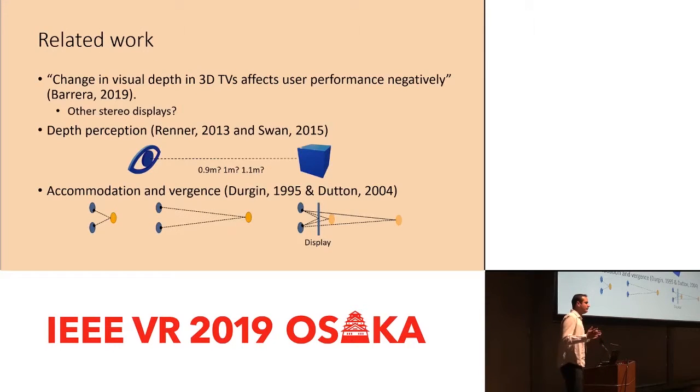So I told about the motivation. In our previous work, we found that the change in the visual depth affects user performance negatively. The other thing is that we've been talking about this in the last 2 days. I'm not going to go into details, but when it comes to VR and AR headsets, the users can overestimate or underestimate the distances.